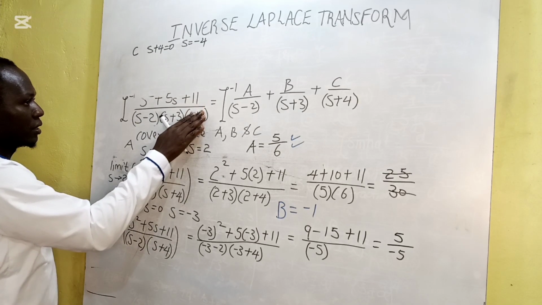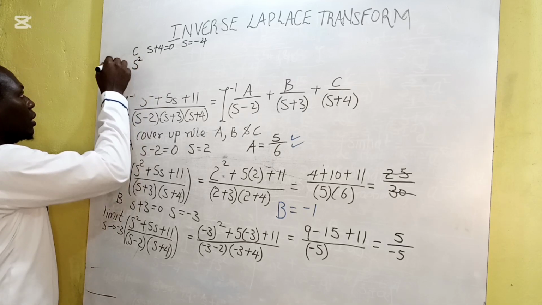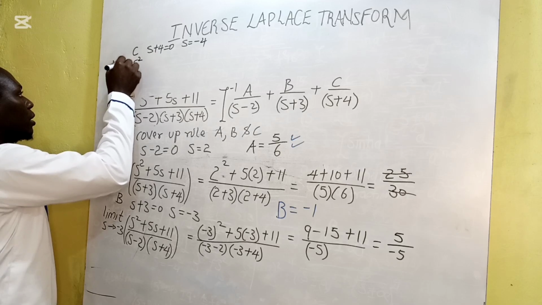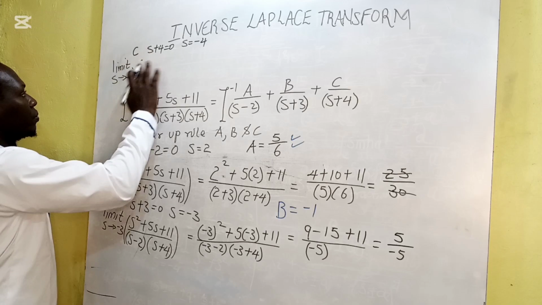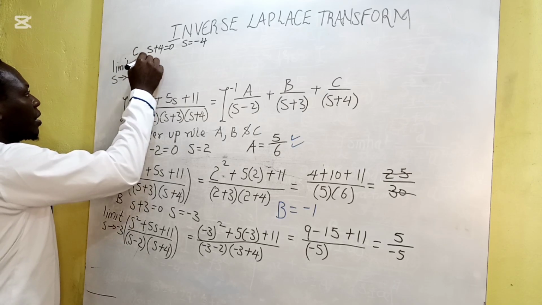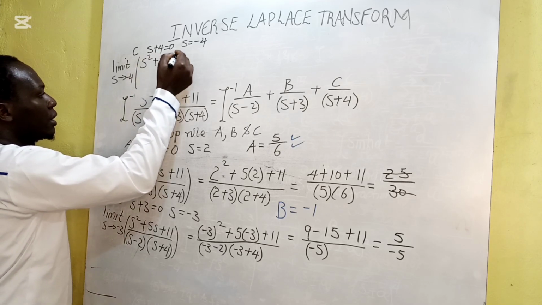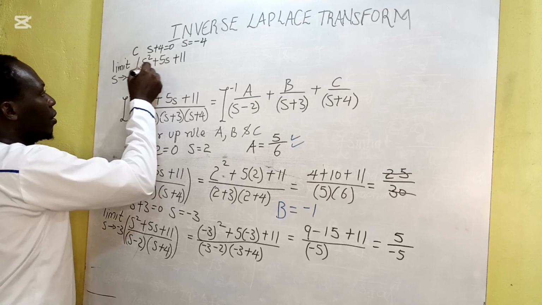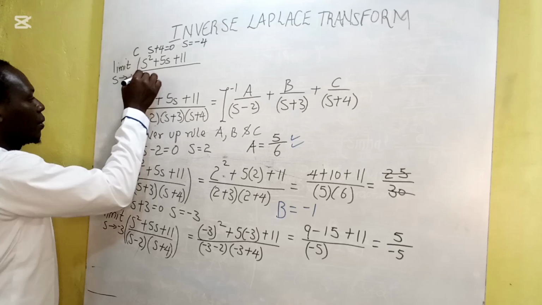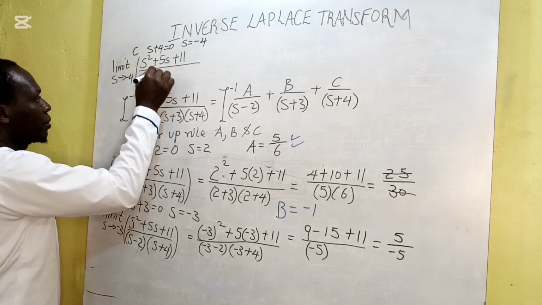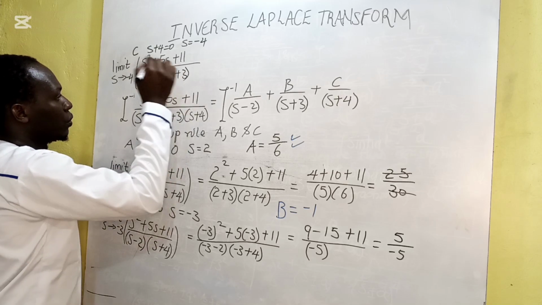And by covering up this term, we now have the limit as S approaches negative 4 of S squared, we add to 5S, we add to 11 all over. We cover up this term, and on our denominator we are going to have S we subtract from 2, we come and have S we add to 3.